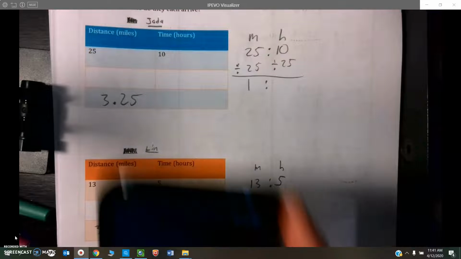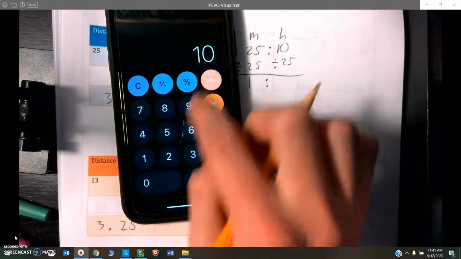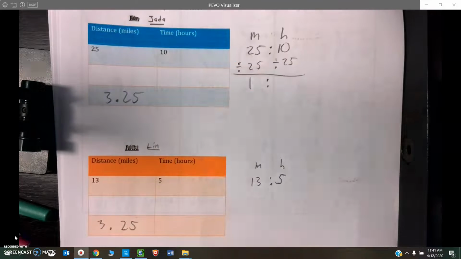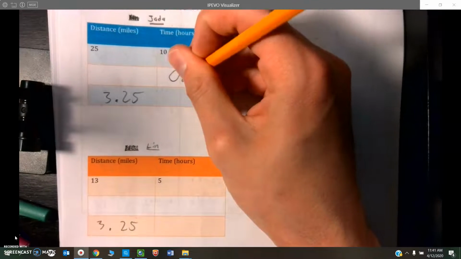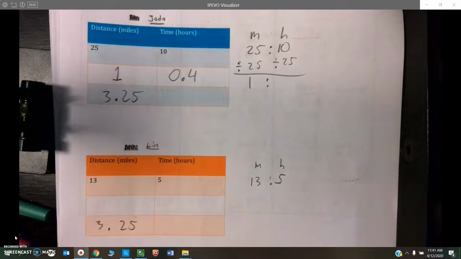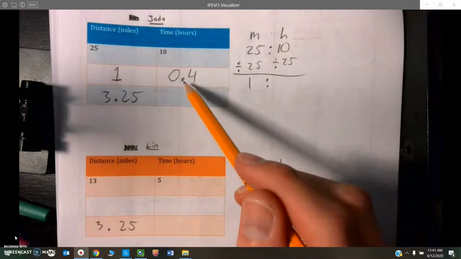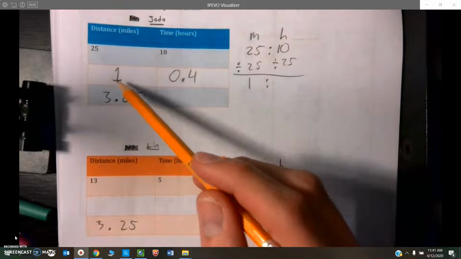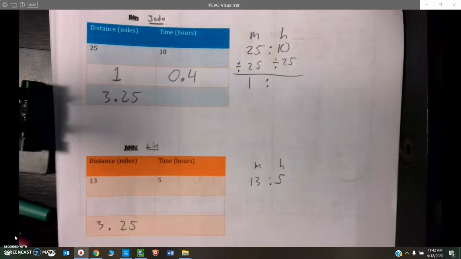And then since I'm working with decimals, I'll use my calculator. 10 divided by 25 is 0.4, or 4/10. Sorry, she goes 1 mile in 4/10 of an hour.